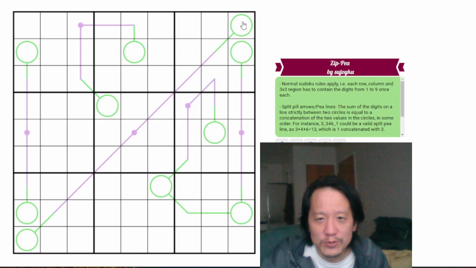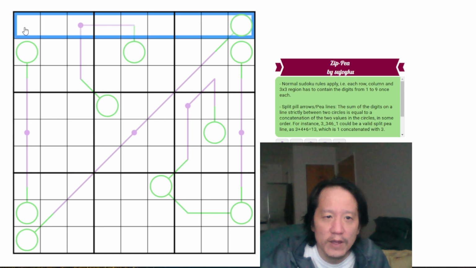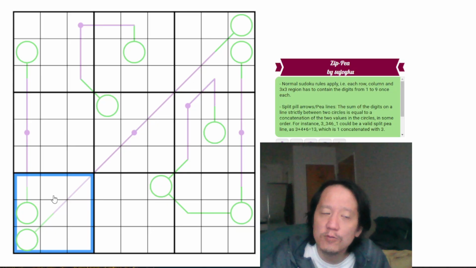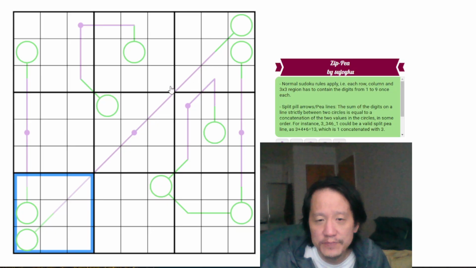Normal Sudoku rules apply. That is, each row, column, and 3 by 3 region has to contain the digits from 1 to 9 once each. Okay? Split pill arrows, P lines. The sum of the digits on the line strictly between two circles is equal to the concatenation of the two values in the circles, in some order.